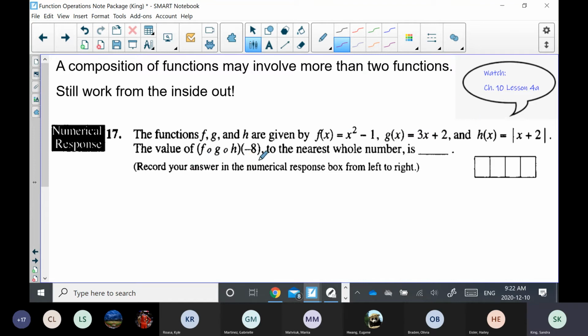And look at what they want me to evaluate here. So we've never done a composition of three different functions. Whenever you see a composition of three different functions, this would be what's called standard of excellence.